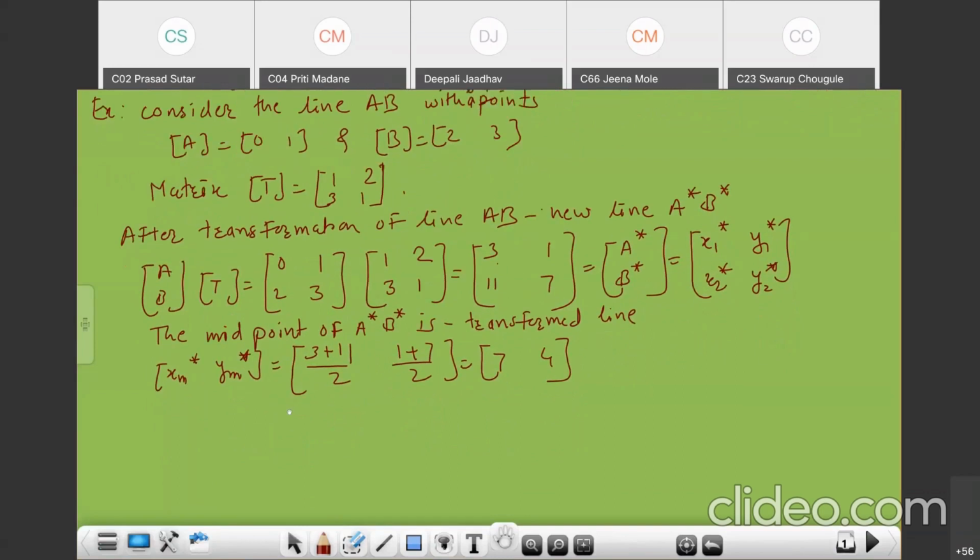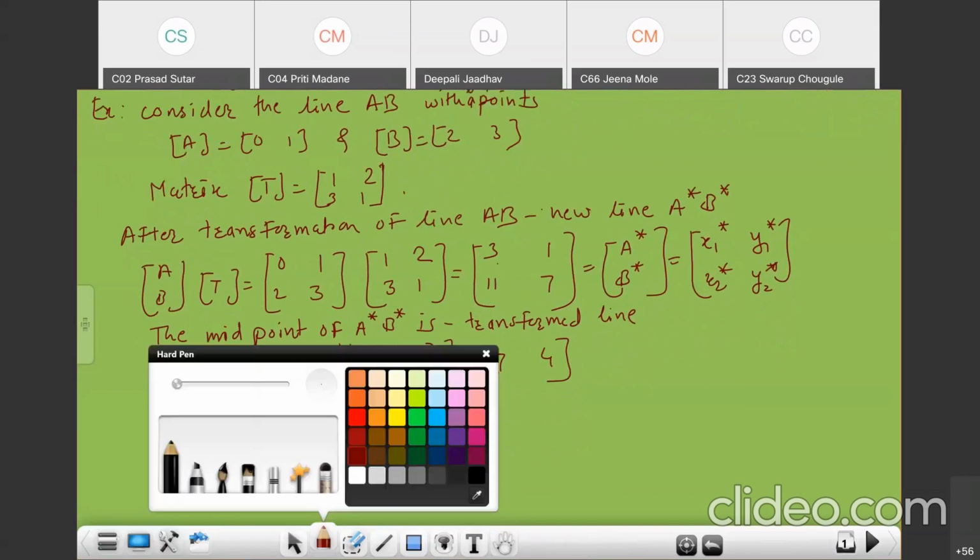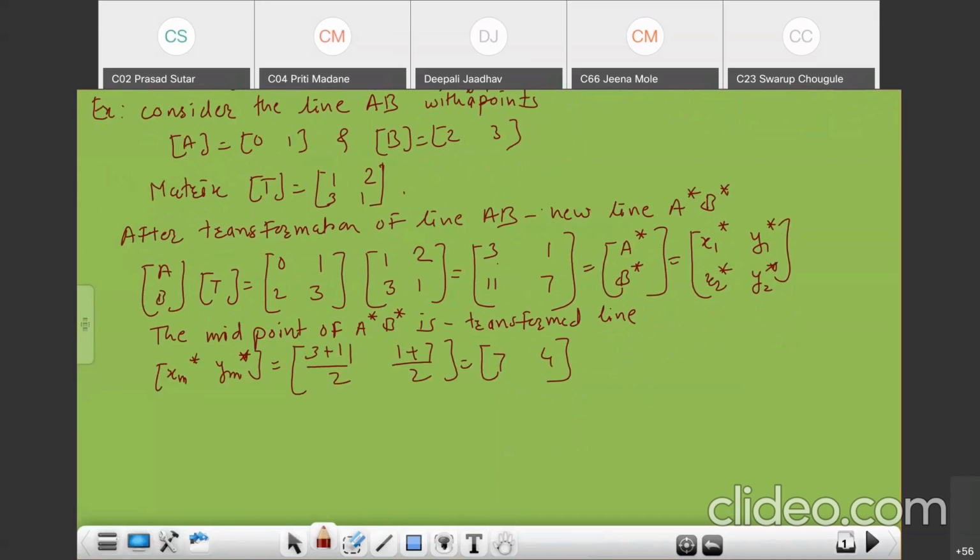Now we calculate the midpoint of the original line and then we transform this midpoint. The midpoint of original line AB is xm, ym is equal to (x1 plus x2) divided by 2 and (y1 plus y2) divided by 2.